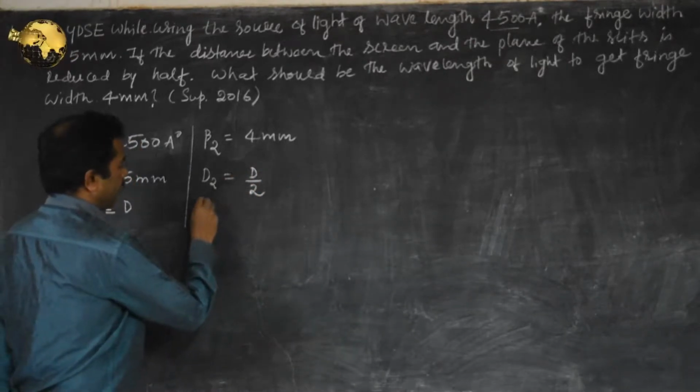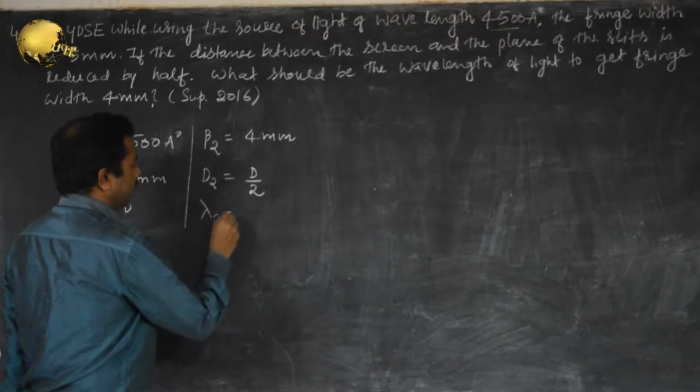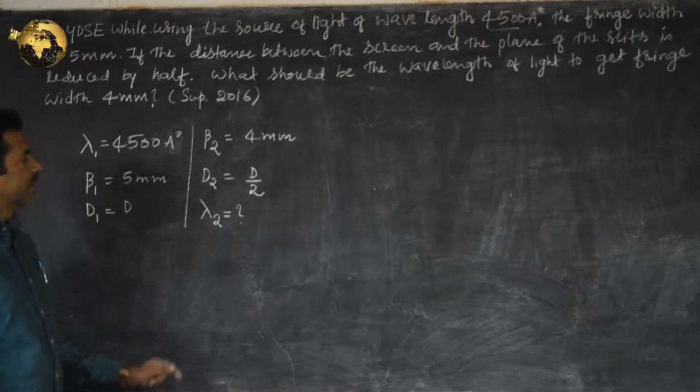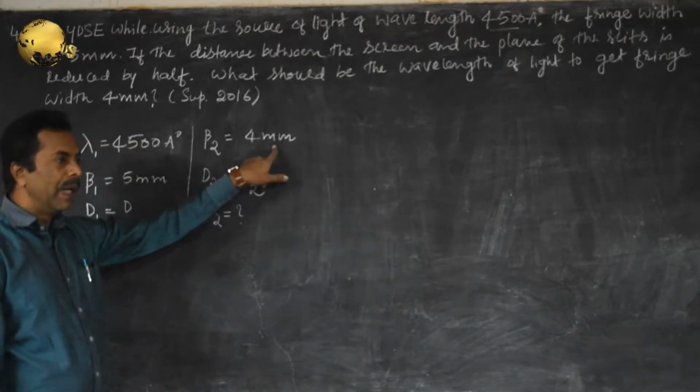In the second case, we are going to calculate the wavelength of light used to get the fringe width of 4 millimeter.